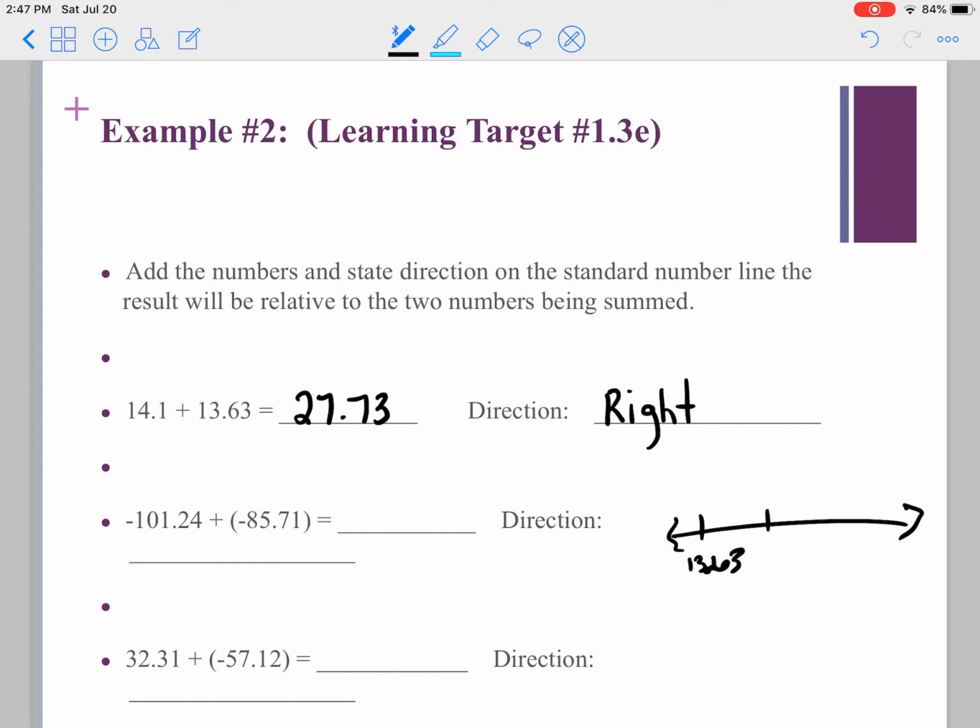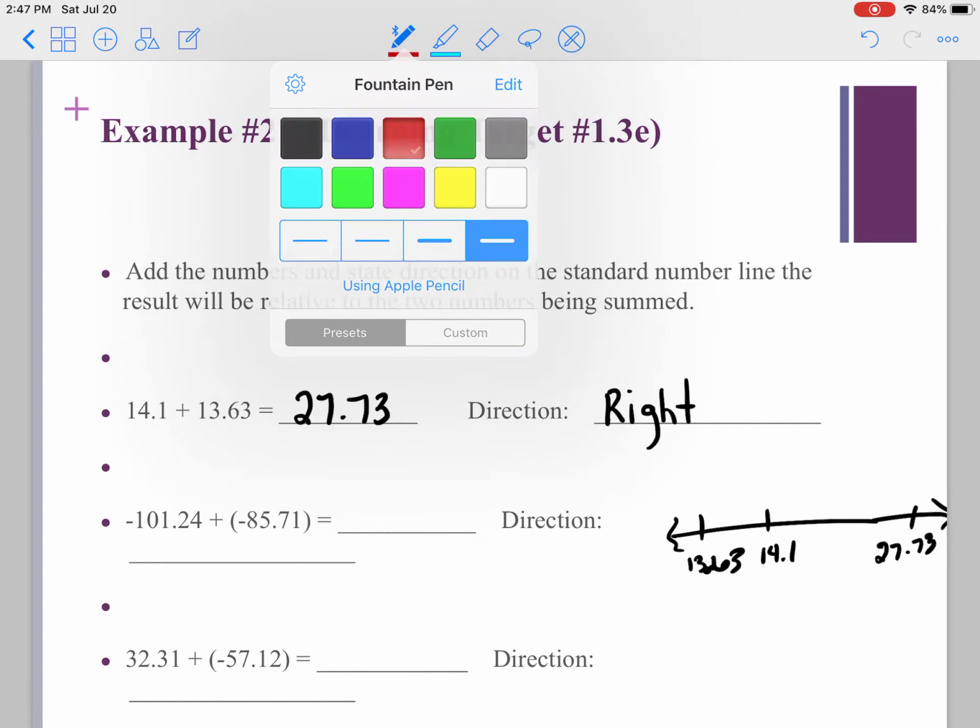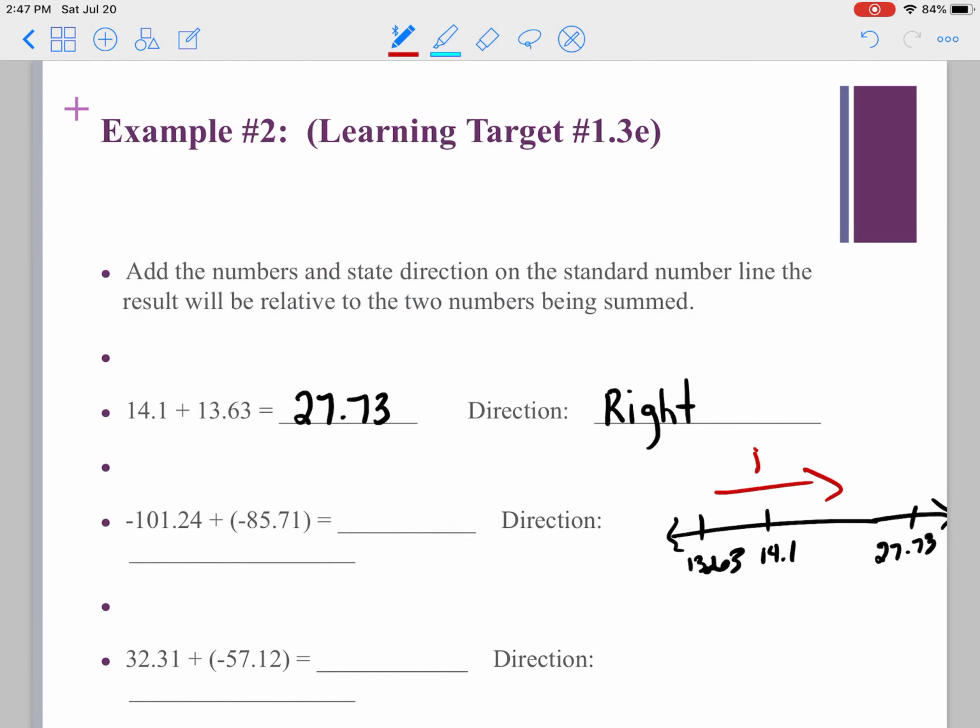I also know that 14.1 is a greater number, so it's going to be a little bit to the right. And if I were to place 27.73 on the number line, it would be way over here, which is moving to the right.